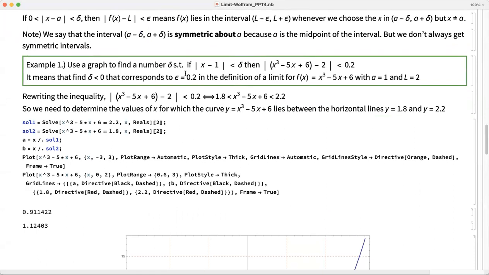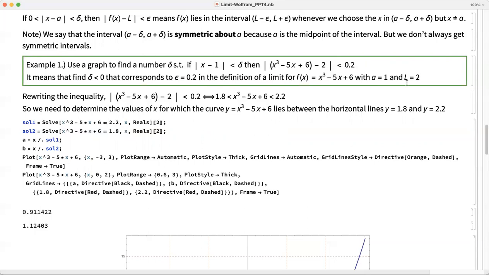But let's see. I want us to figure out delta using the graph. It means find the delta that corresponds to epsilon 0.2 in the definition of the limit, where f(x) is defined by the cubic polynomial, a is 1, and L is 2.